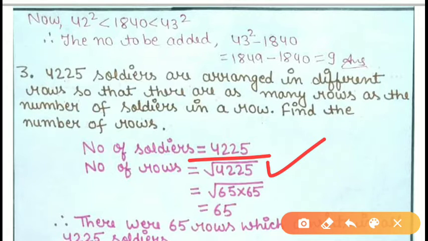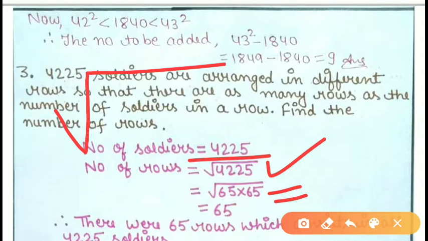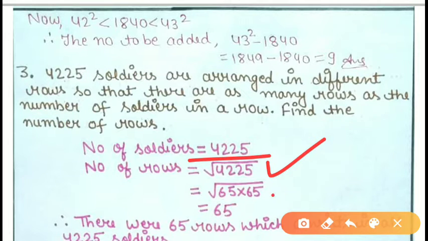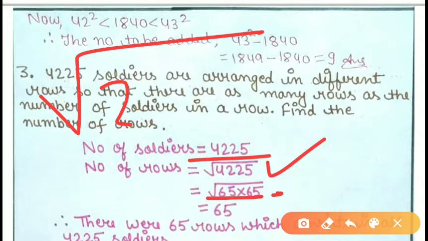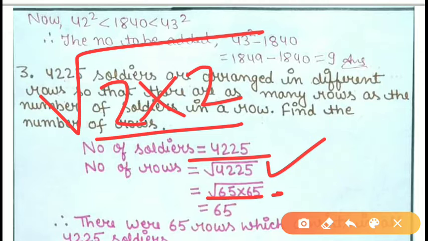So 4225 can be written as under root 65 into 65. We need to find out a square root. That's why we are writing a square root symbol. 65 into 65. Now this is the one pair, and from each pair only one digit you have to write. I have taught you in the previous exercise that if 2 into 2 is there, this is the one pair, and from each pair you write only one digit, 2.